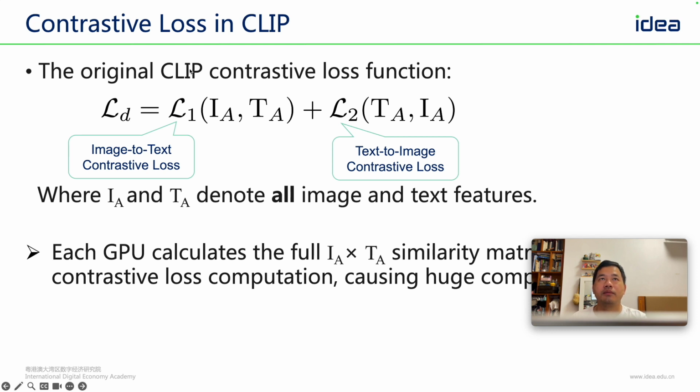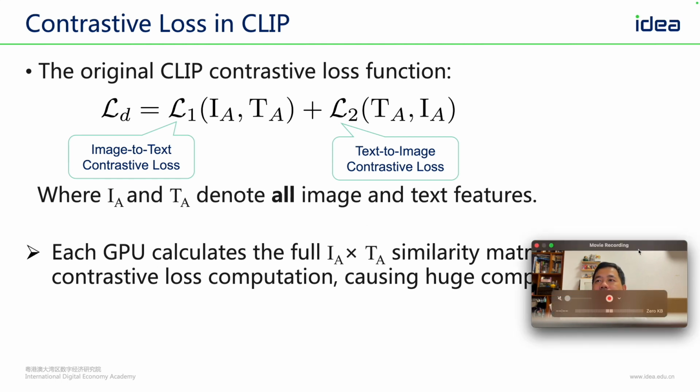The original CLIP contrastive loss is L_D equals L1(IA, TA) plus L2(TA, IA). This is the image-to-text loss, and this is the text-to-image loss. And IA and TA, as I talked about before, denote all image and text features.